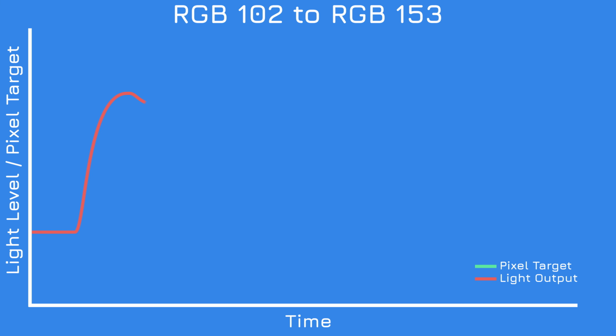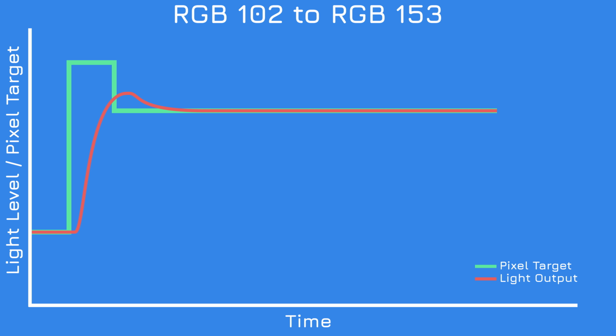Let's say that it's aiming for that RGB 153 sort of end light level coming from 102. That is a darker shade, so it's a rising transition. Well, it might start driving the pixel as if it wants the final light level to be RGB 200 instead. Then, after a millisecond or two, it changes the target down to 153, as in where it's meant to be.